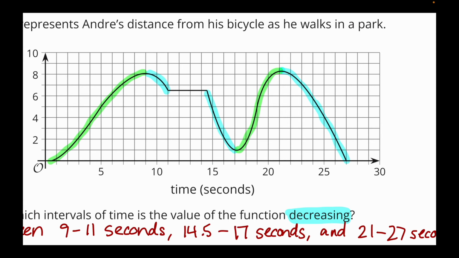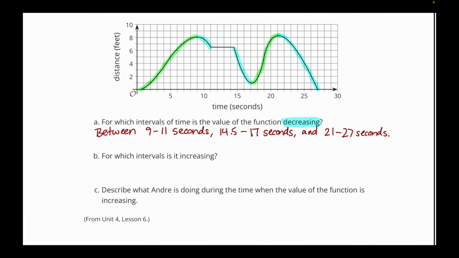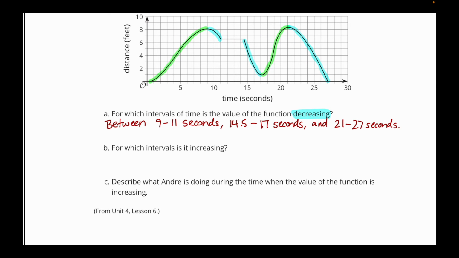The rate of change is 0, so it's not changing at all, meaning it's not increasing or decreasing. So I only have 2 intervals where this is actually increasing. So this is between 0, where we're kind of starting at, and then this goes up until the 9 seconds. So between 0 and 9 seconds.